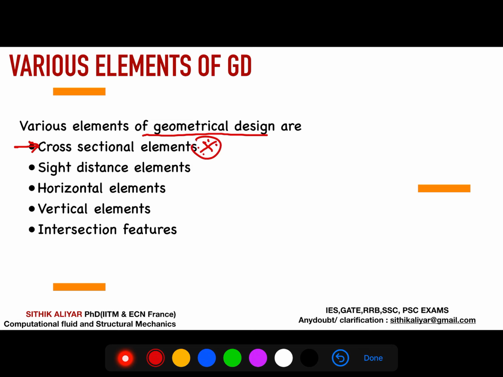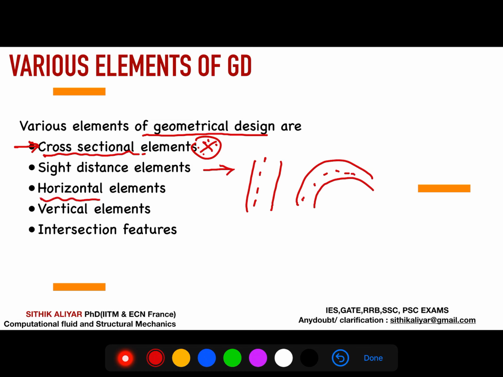Then we are going to see side distance elements. I wish to tell you how they define the geometric design. First we are going to introduce what cross-sectional elements are available. Then we will see straight roads, and what factors affect them. In the horizontal curves, we will see how a vehicle behaves when going through a horizontal curve.